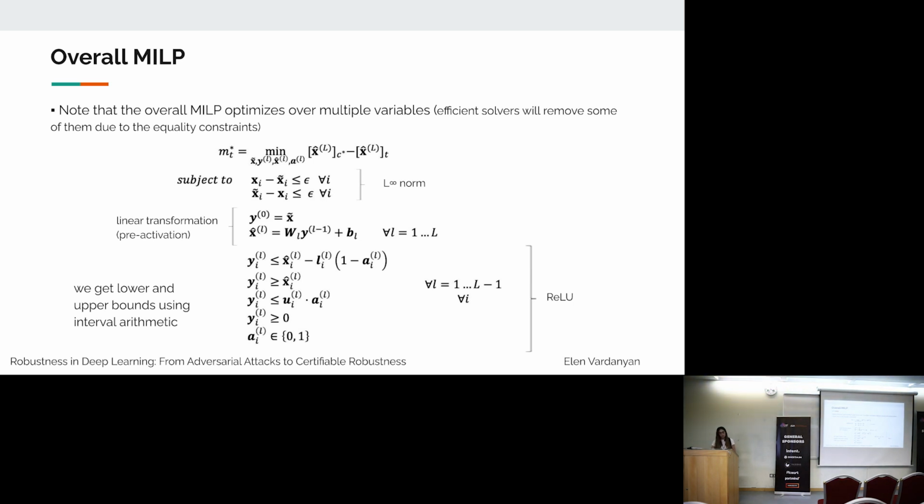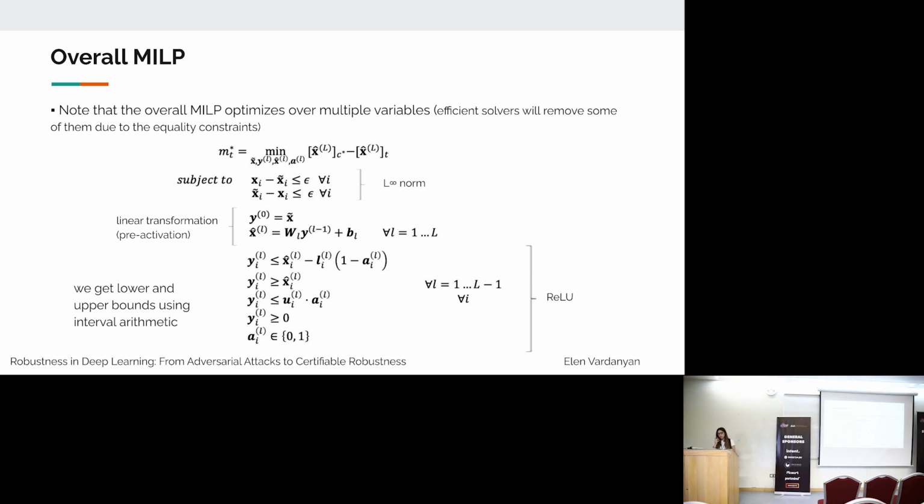So these l's and u's are the lower and upper bounds that we get using interval arithmetic. So these are bounds on the output of the ReLU. We have the first input x, and then using this interval arithmetic, we can compute around what interval this output of ReLU will be.